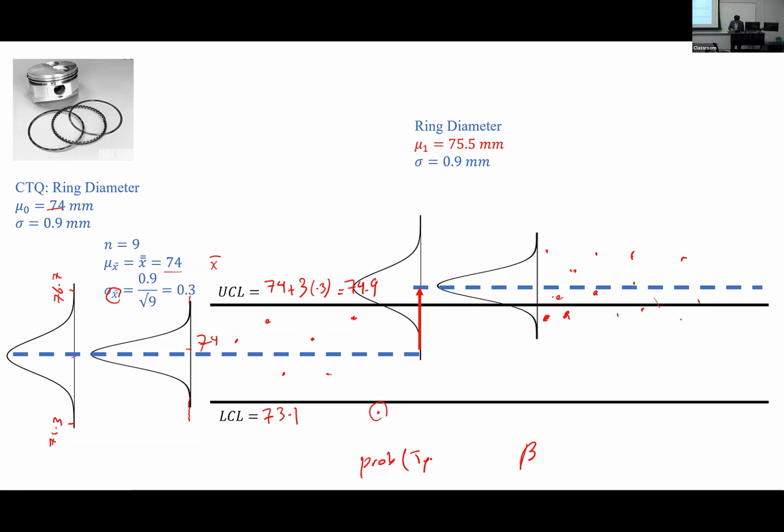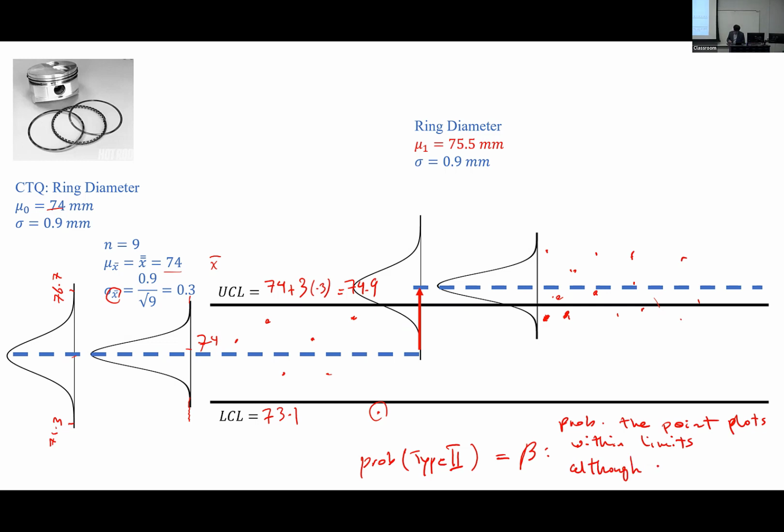Probability of type 2 error is beta, which is the probability that the point drops within limits, although mean has changed. Which mean has changed? Mean of the actual process.